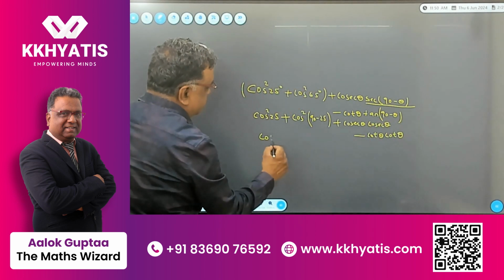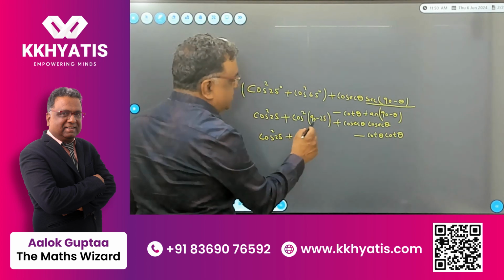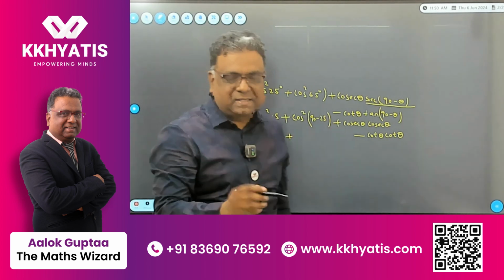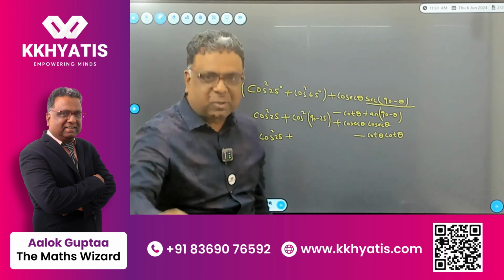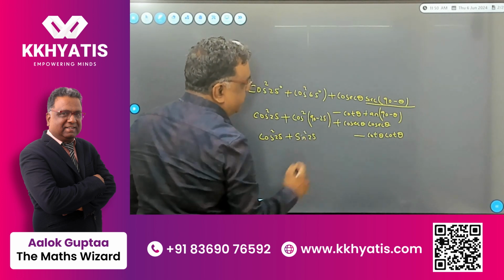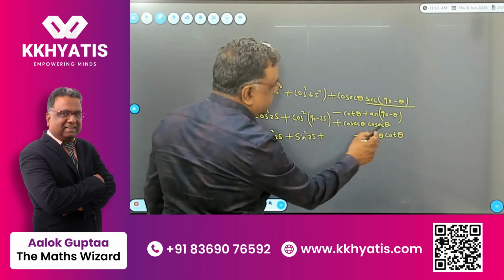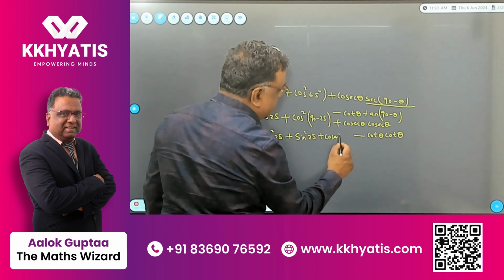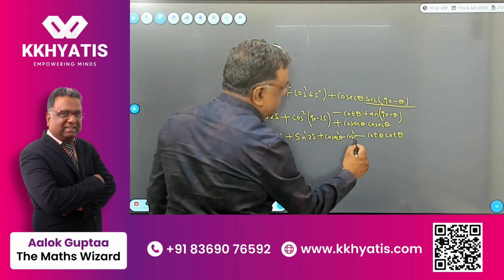So now these expressions are going to change as cos square 25 plus, now cos 90 minus 25 is sine 25, so cos square 90 minus 25 will be sine square 25. I will replace this with sine square 25. Plus cosec theta into cosec theta is cosec square theta, minus cot square theta.